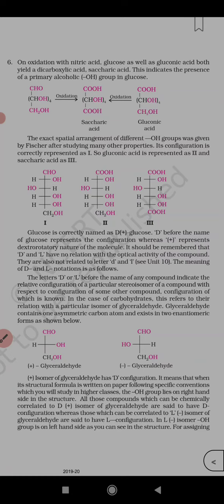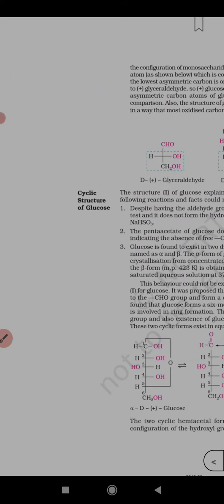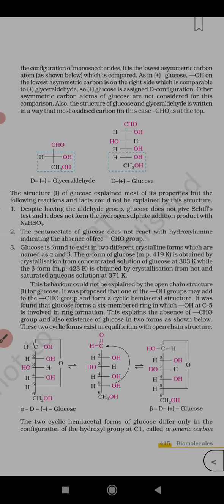First, despite having the aldehyde group, glucose does not give Schiff's test, and it does not form the hydrogen sulfide addition product with NaHSO3.